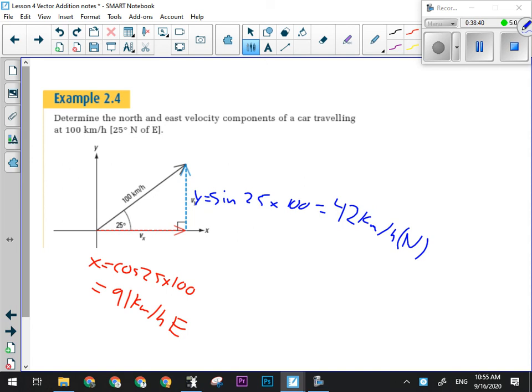Okay, so basically what that's saying is if you're traveling 100 kilometers per hour, 25 degrees north of east, that means that every hour you're going to go 91 kilometers east and 42 kilometers north.